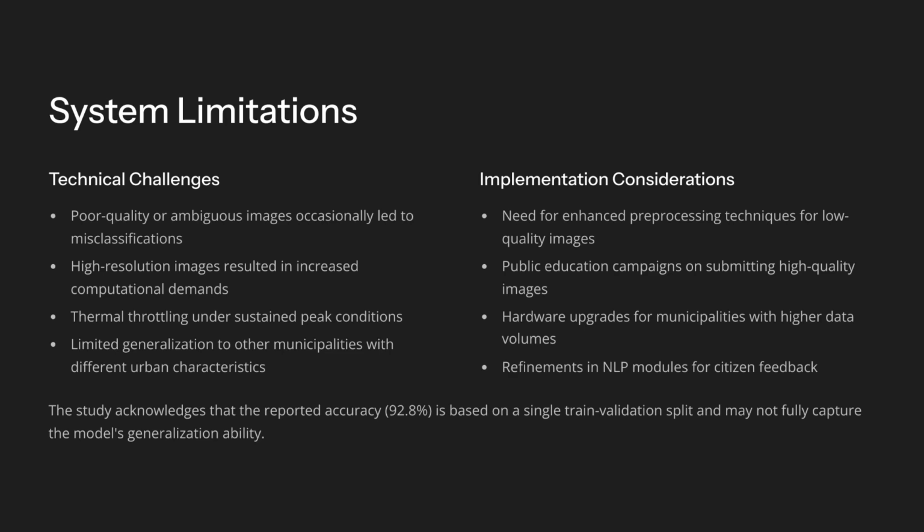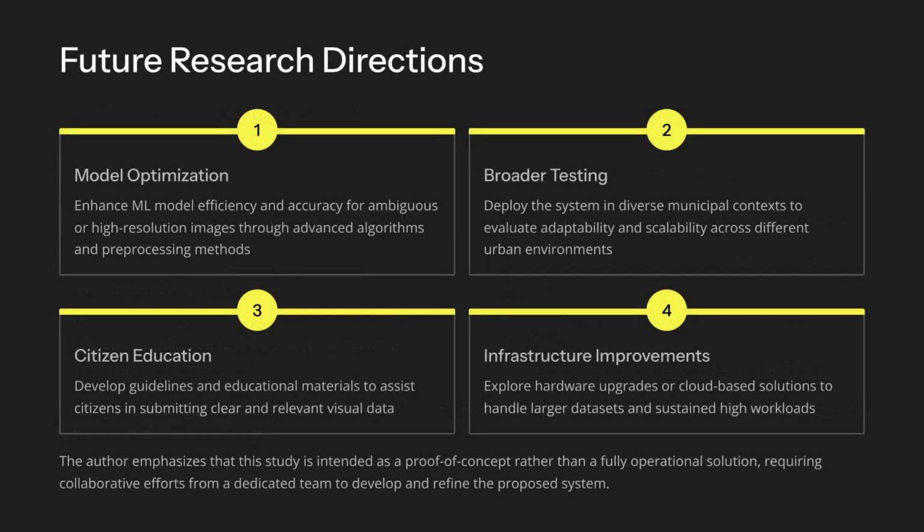That's called generalization. Making sure it's not just trained for one specific place. Exactly. And crucially, how you design the automated messages back to citizens. You don't want it to sound robotic or impersonal, or worse, give wrong information. That needs careful crafting. That human touch, even in an automated system, is still important. Very much so. But these are known challenges in AI implementation. The study really paves the way, showing what's possible.